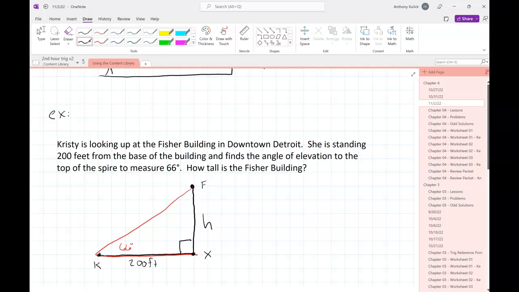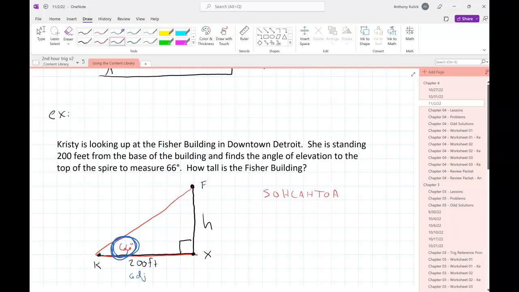So I need to solve for H. What am I going to use to do that? I have a right triangle. SOHCAHTOA seems like a natural fit here. Sine, cosine, or tangent, which one of those would be the one to use? So relative to this angle that we know, what is the 200?